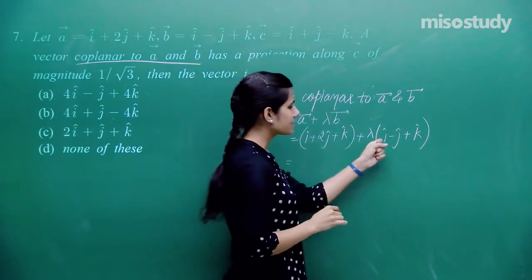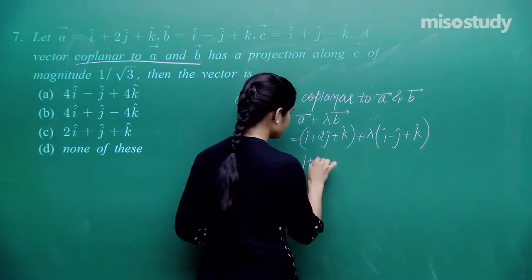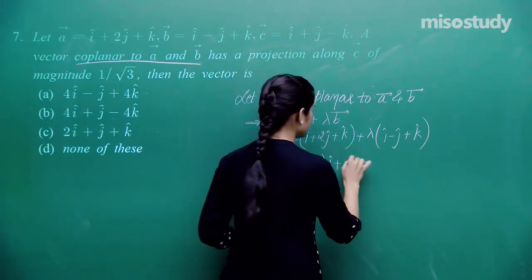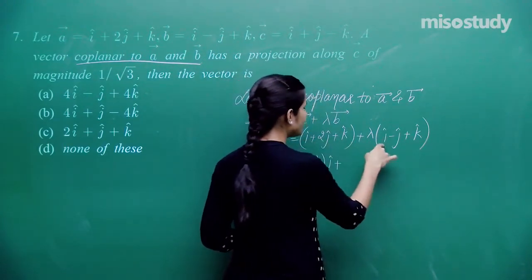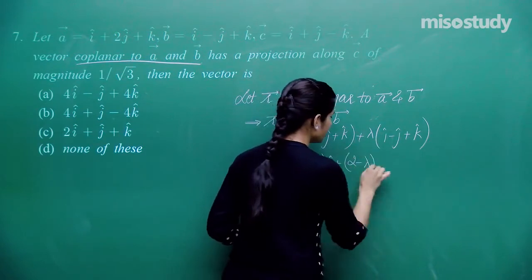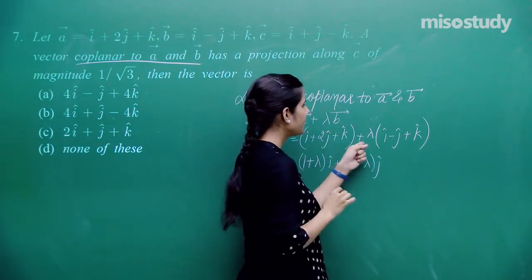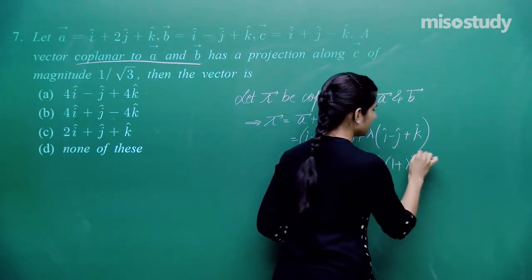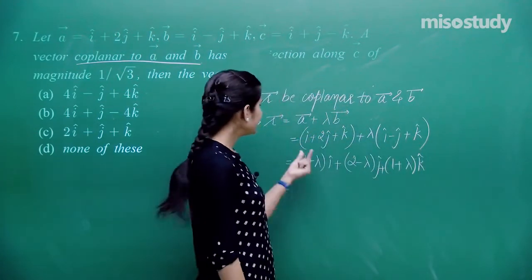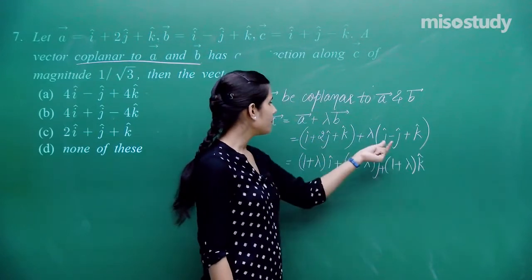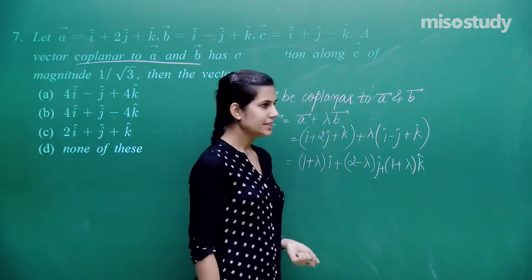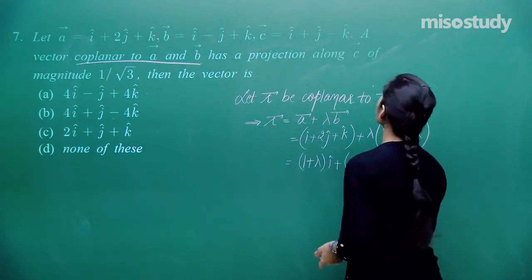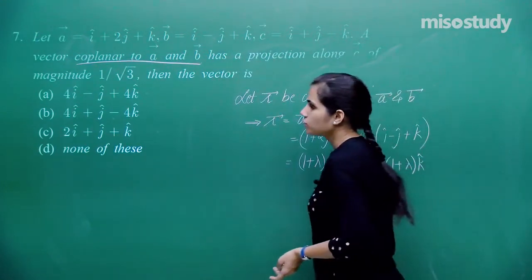Now 1 plus lambda i cap, 2 minus lambda j cap, 1 plus lambda k cap. Right? It is 1 plus lambda, 2 minus lambda, 1 plus lambda. This is my R vector. Now another feature is that it has a projection along C vector of magnitude 1 by 3.